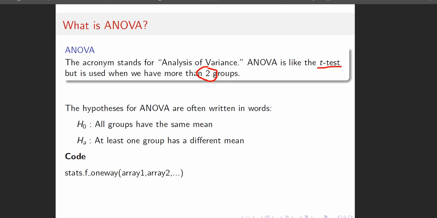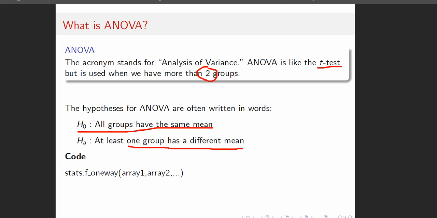Okay, so the hypotheses for ANOVA often are written in words, and the null hypothesis is that all of the groups have the same exact mean. And what's the opposite of that? The opposite is that at least one group has a different mean. In other words, if a family has four children, the opposite of all four children are girls is not all four children are boys, right?